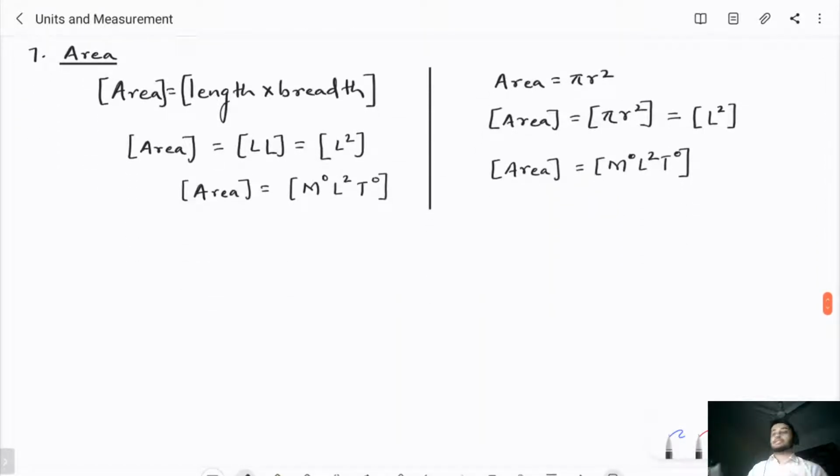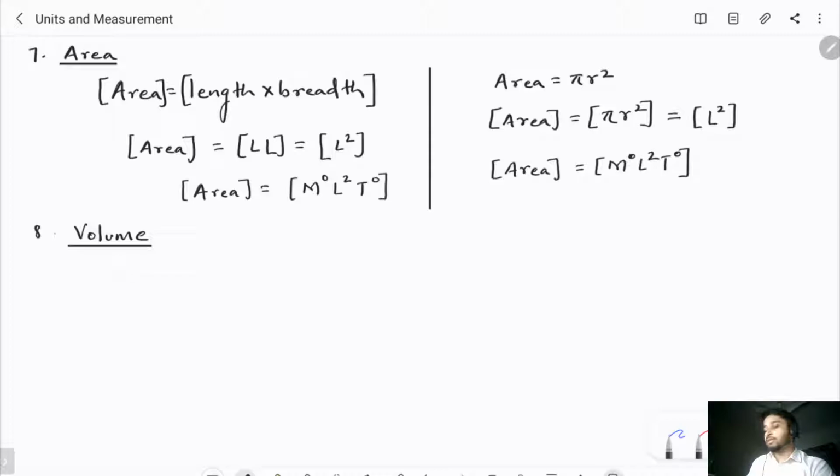After area, let us see the next physical quantity, and that we can take it as volume. Volume formula is, again you can think of any volume formula and you can do it.